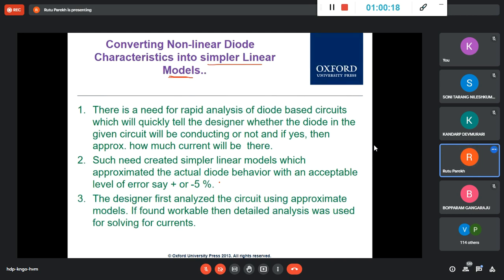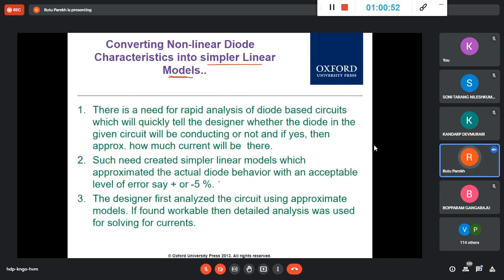These diode equations give precise current and voltage. For a corresponding voltage, it will give you a precise current. These currents are small in number. The diode turns on at about 0.7 volt, and that is the nature of the diode.